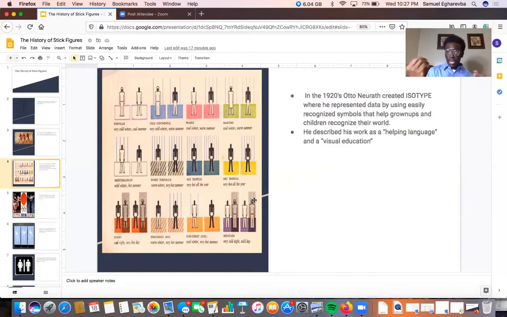That way, anyone from a little child all the way up to an adult can recognize this. And he described this as a helping language and a visual education.